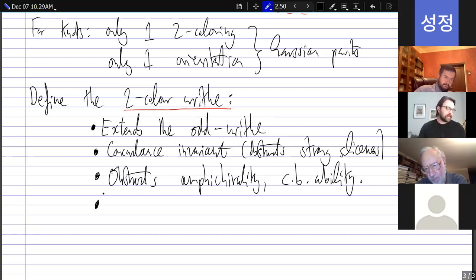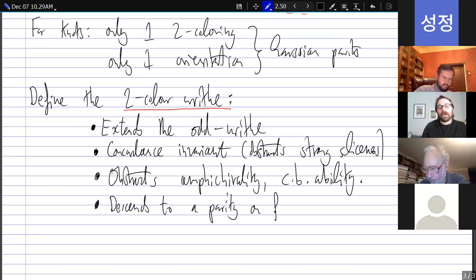And related to free knots, this parity actually descends to a parity on free links. And it's strictly stronger than the naive parity, which is what you'd hope.